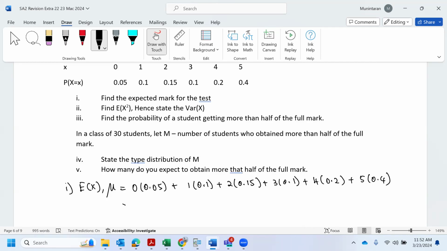If you do the maths, you should be able to get 3.5. So the expected marks would be 3.5 marks. So it's either 3 or 4 marks.